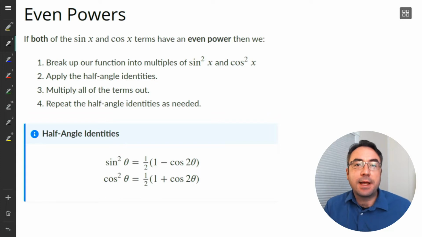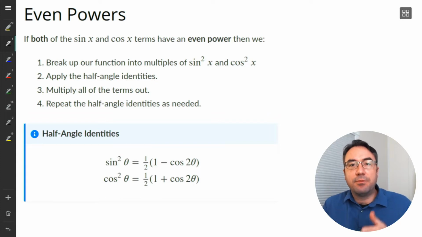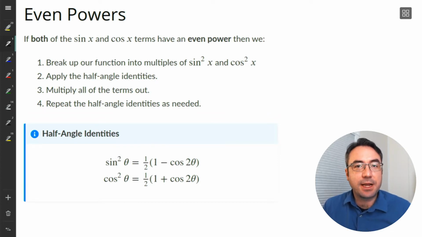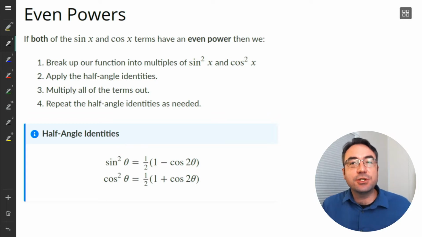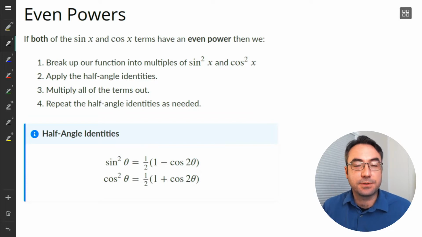And when we multiply out trig terms, a lot of times that bumps our exponents on the trig functions back up a little bit. So we usually have to repeat some of our half-angle trig identities. And we keep doing that until eventually we get our function down to one of our k-form integrals.